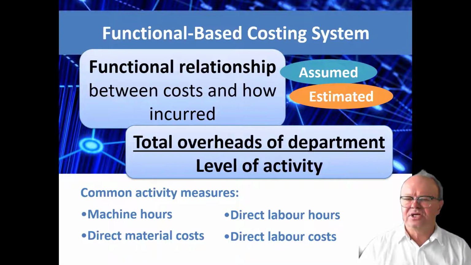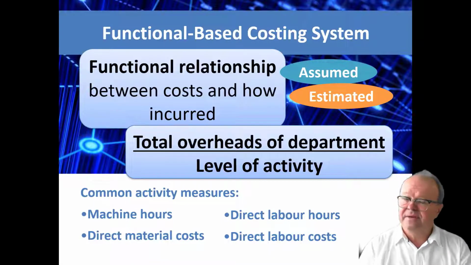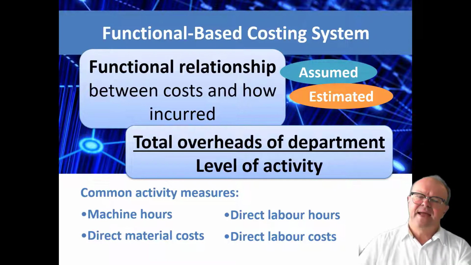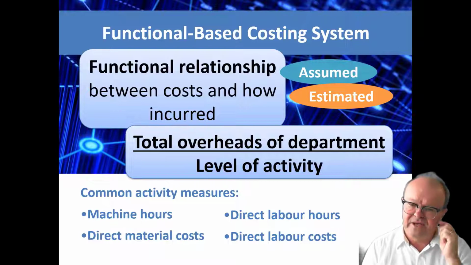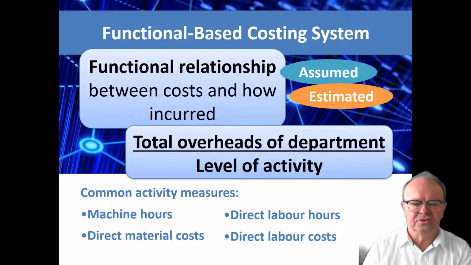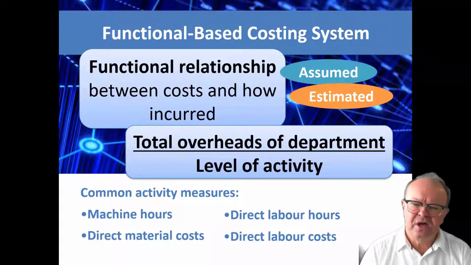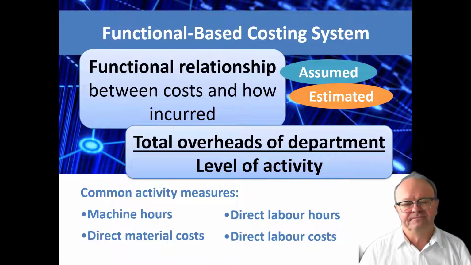So we may have an aged care centre, that might be the department, an aged care centre in one of Ryman Healthcare's retirement villages, and it may have a whole lot of overheads in that department, all sorts of costs. And then we divide those total overheads by a level of activity.